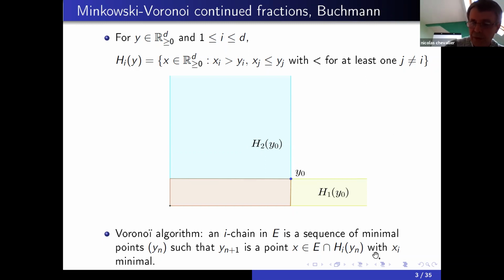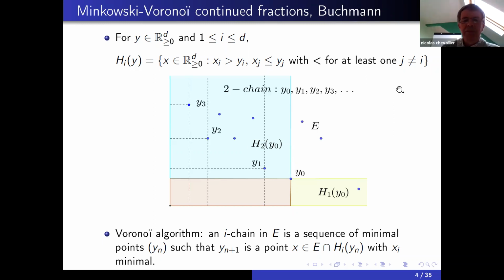So just an example. Here we have a set E with a blue point, and we have y0, which is a minimal point, which means that this rectangle contains no point of E, and we take a next point in the chain, which is y1.